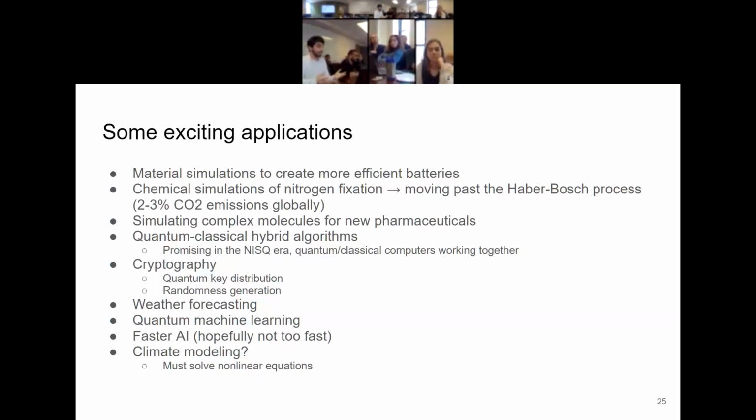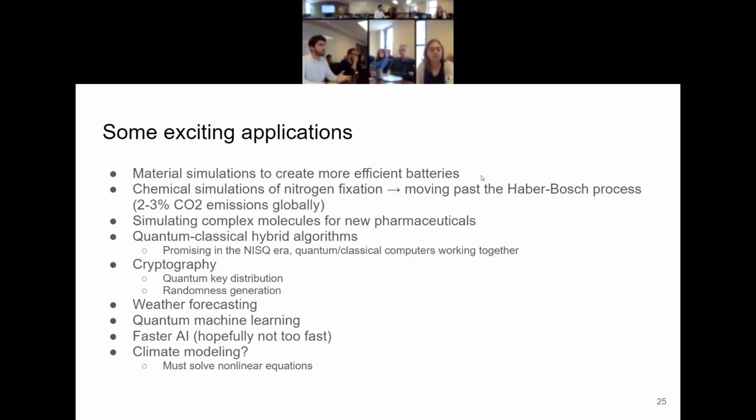A really exciting thing people talk about is nitrogen fixation, which, as I understand it, basically gives us all of our fertilizer in the world. It uses the Haber-Bosch process, which is 2 to 3% of our CO2 emissions globally every year. So if we're interested in cutting emissions, quantum computers could help with that, because we could, in principle, better understand the chemical reaction that leads to nitrogen fixation.